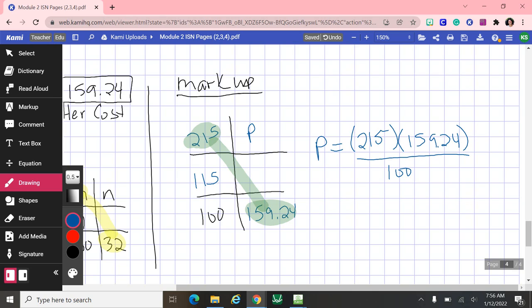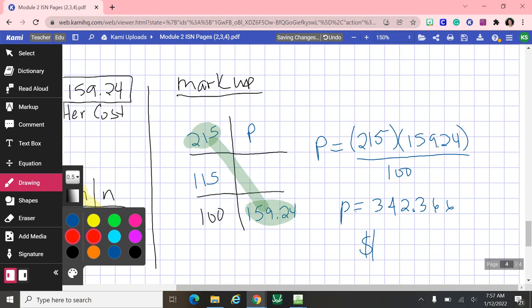Using technology for that, you get a value of 342.366. But we're talking about money here, so we have to round it to the nearest cent. Here's my cutoff line. Next door is a 6, so we have to go up, and our answer is she sold this piece of artwork for $342.37.